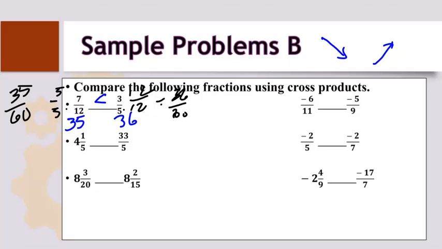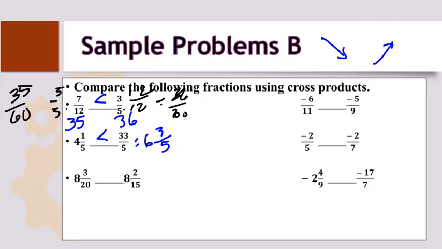Next, I have fifths, so I'm comparing with fifths, but 33 fifths would be the same as saying 6 and 3 fifths. So 6 and 3 fifths is bigger than 4 and 1 fifth. So I would put this less than symbol in here. Here we got 8 and 3/20ths and 8 and 2/15ths.